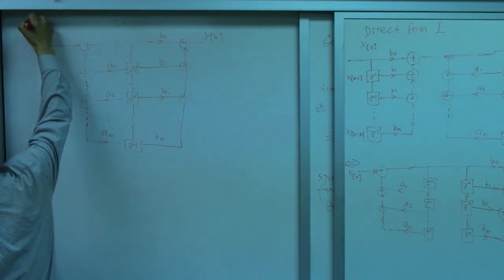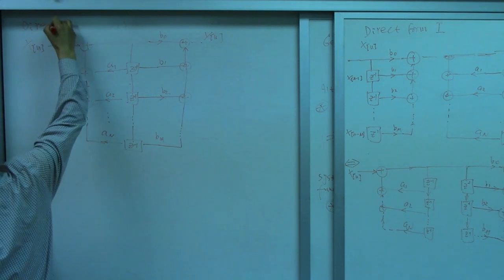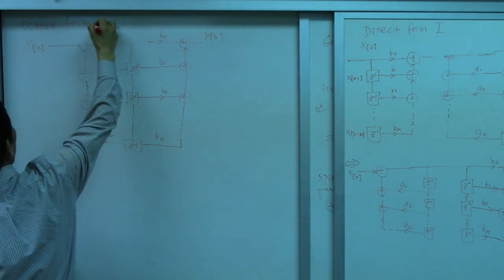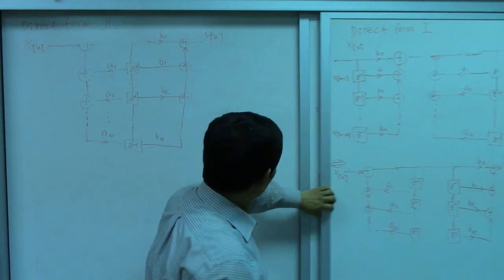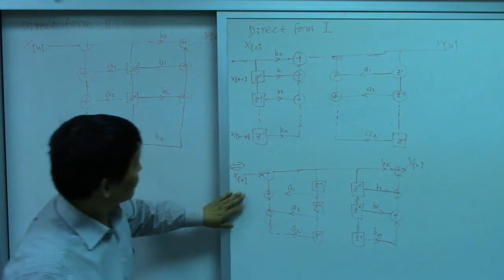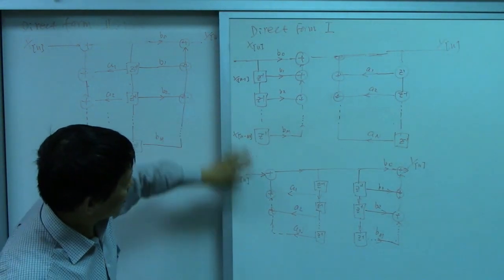This is called direct form 2. I write like this one's here, and this one's direct form 1. Actually, we can.